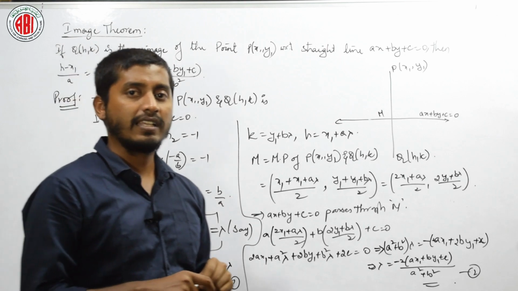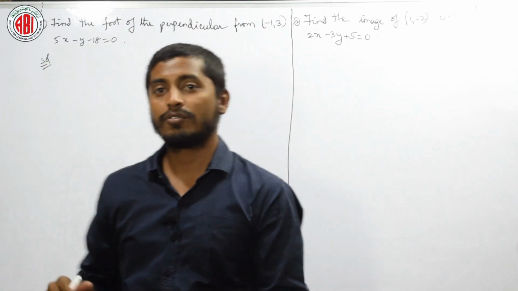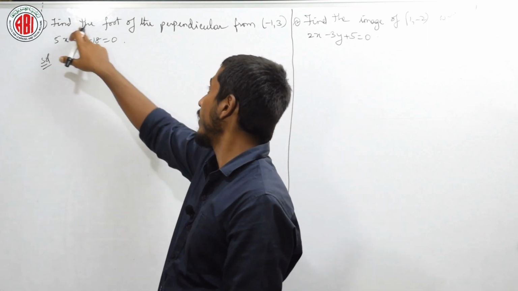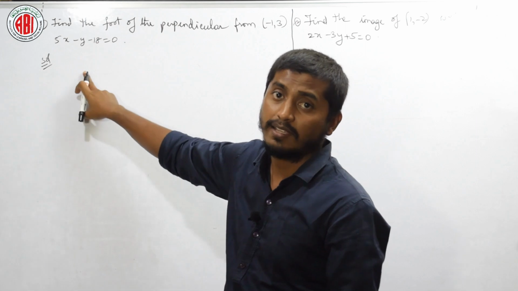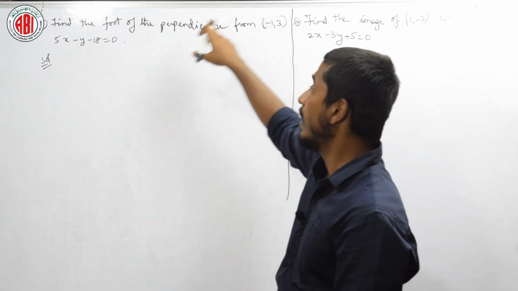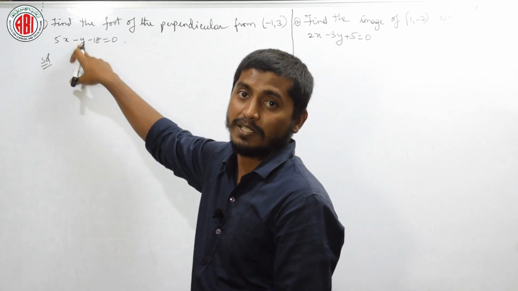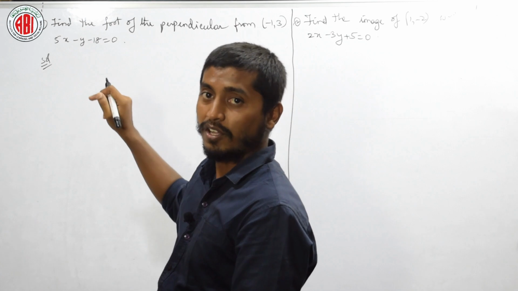Let us take an example each on foot of the perpendicular and image. Okay, let us see that. Now, see here. The question is given as: find the foot of the perpendicular from this particular point to this equation. See here, this point is (x1, y1) and this equation is in the form ax plus by plus c equal to 0. Is it clear? Now, what is the formula of foot of the perpendicular?